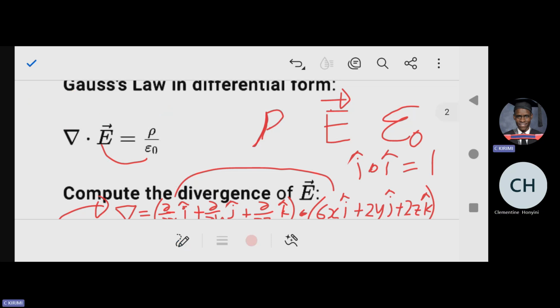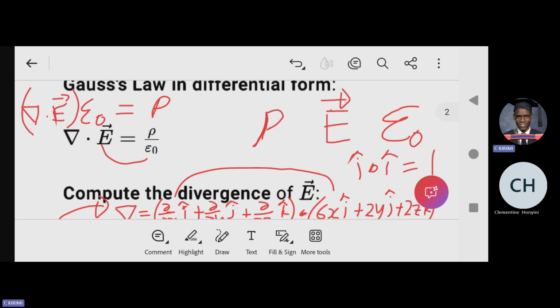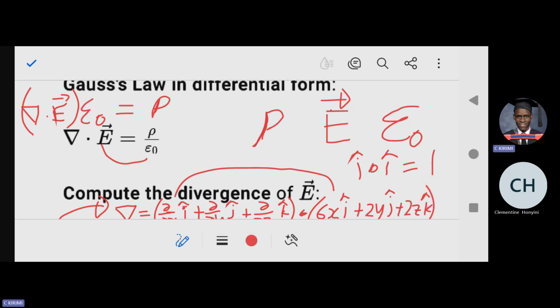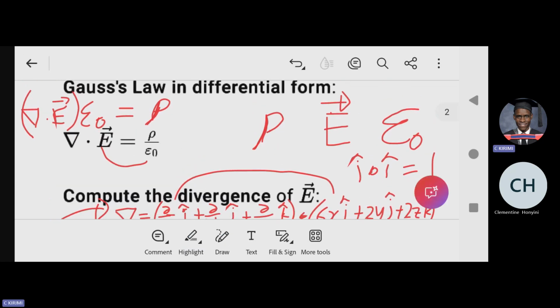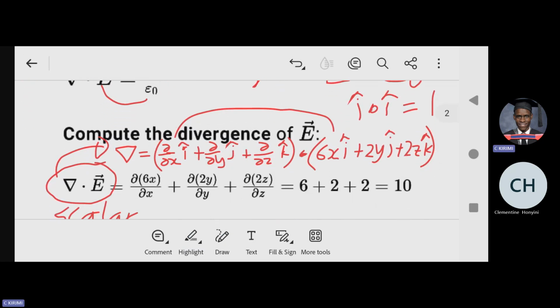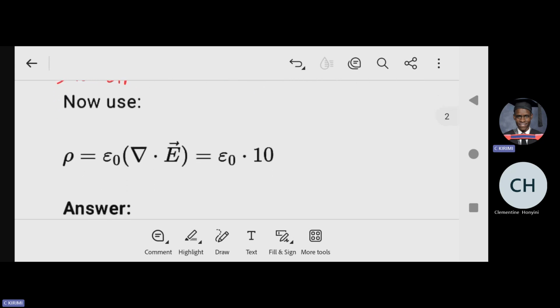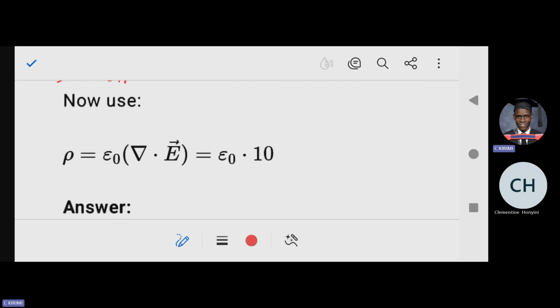That's what you do so that you make rho the subject, since you are looking for this charge density alone. Once we do the dot product, we are done. We found the dot product is 10. So 10 times epsilon naught, that is your charge density. That was the first part.